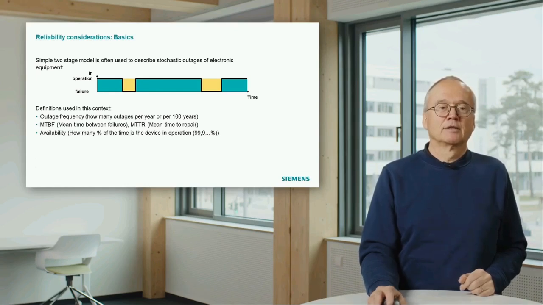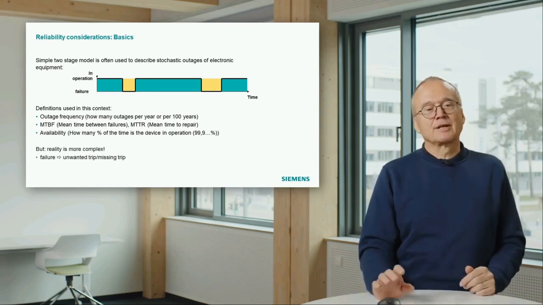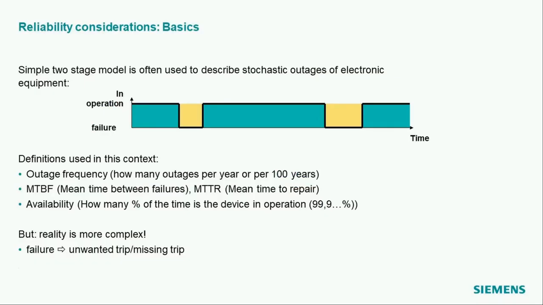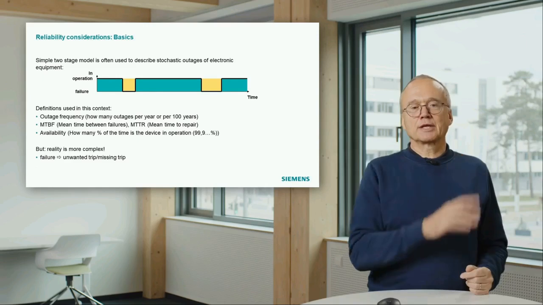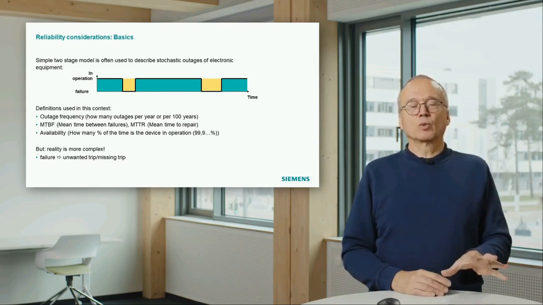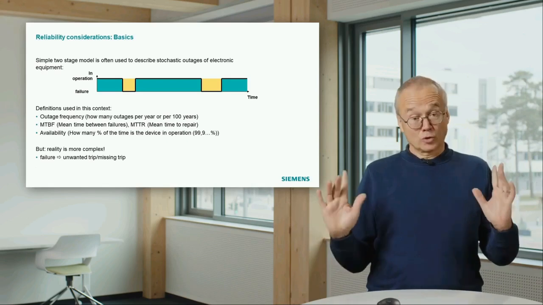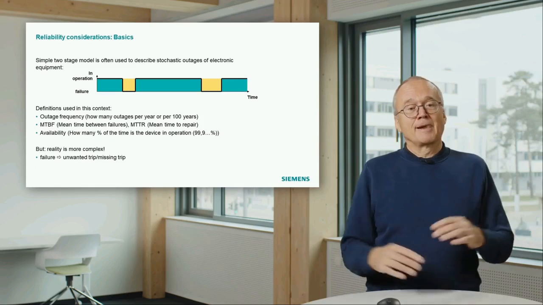But reality in protection is a bit more complex. One thing is the question, what is a failure? If a relay just fails, the good thing with digital relays is if they fail, they will alarm. That means the control center knows there is something wrong in the relay, protection doesn't work, you have to take the line out of operation, you replace it, and it goes.